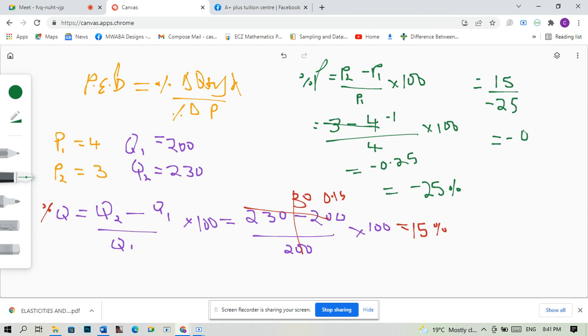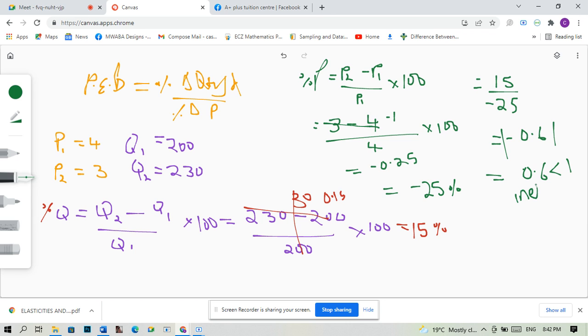Then in absolute value, I'm going to get 0.6. So 0.6 is less than 1, so it's inelastic.